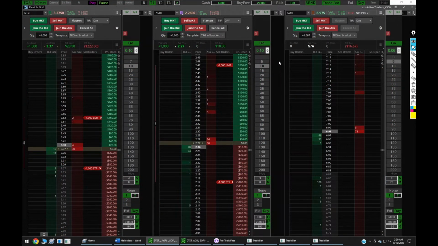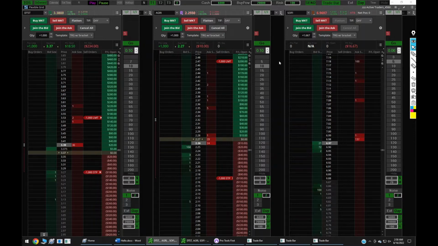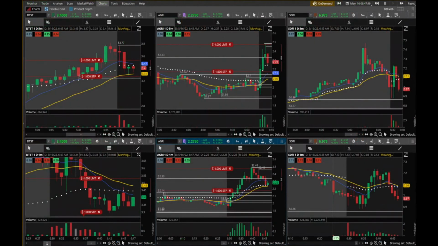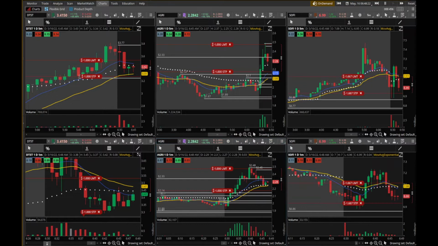Switch down to the bottom so you can see what's happening down here. We'll see if Sophie can hold that low.